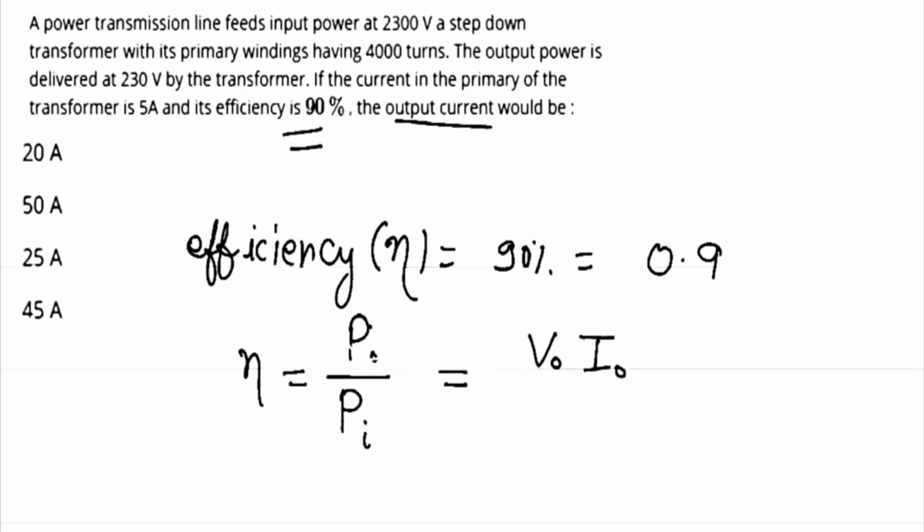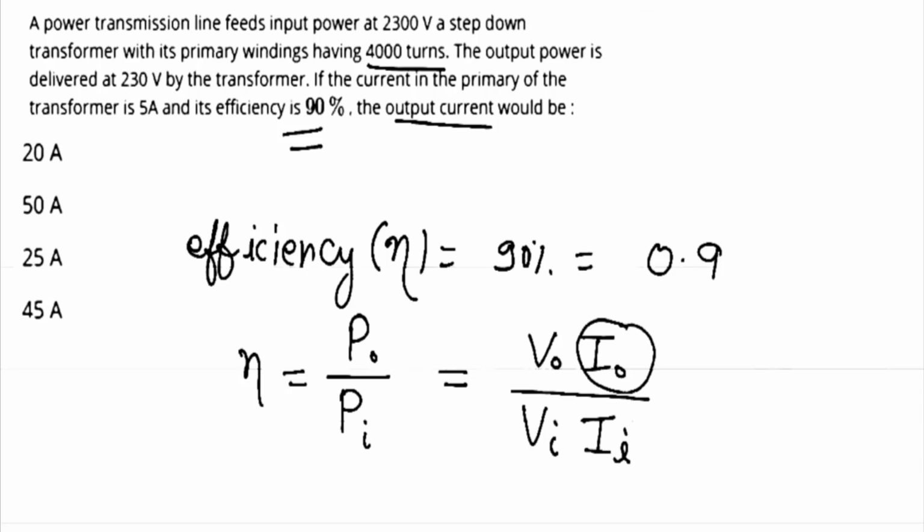So for power output it will be voltage output into current output divided by voltage input into current input. The question has asked to find the output current, so we don't need the extra information such as the 4000 turns. We can use these parameters V0, Vi and Ii and solve this question.